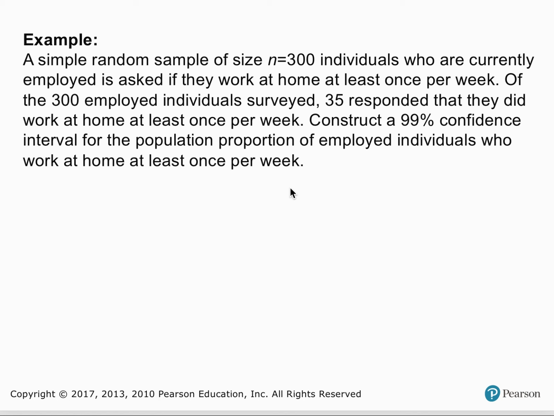Construct a 99% confidence interval for the population proportion of employed individuals who work at home at least once per week. Because we're looking for a population proportion, remember the first thing we need to do is see if this formula is greater than or equal to 10.